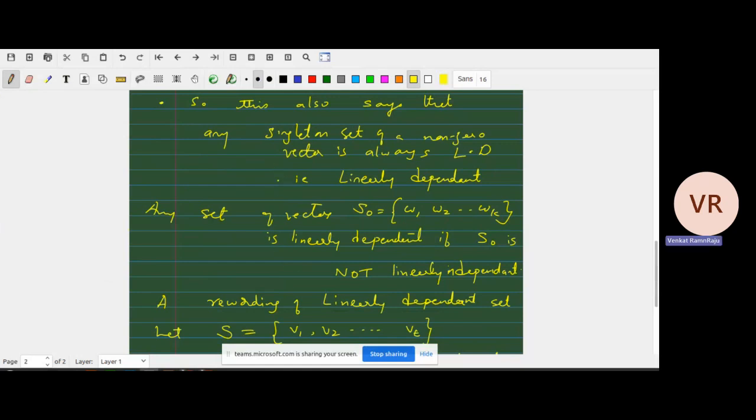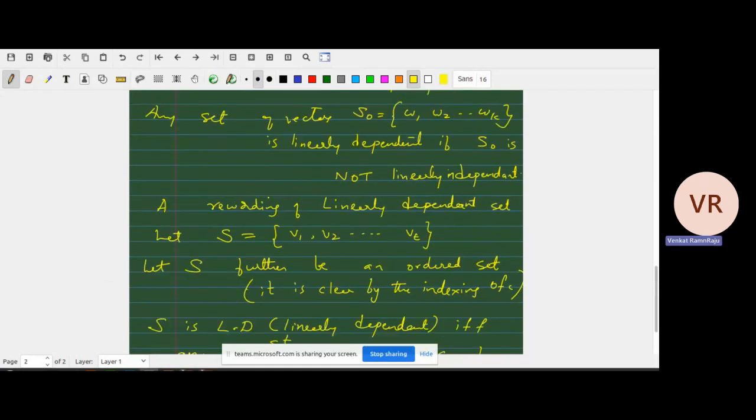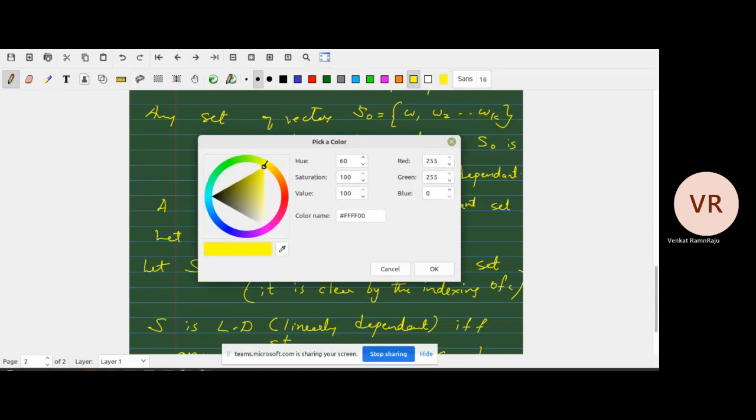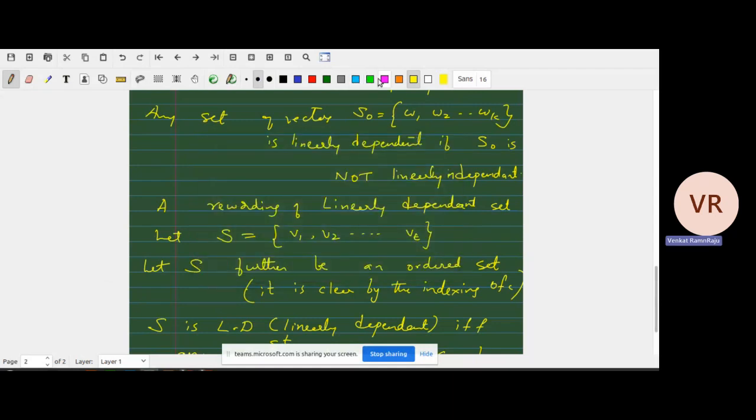So we would like to reword the linearly dependent set in another way. There are two ways, in fact. I'll write in another color.